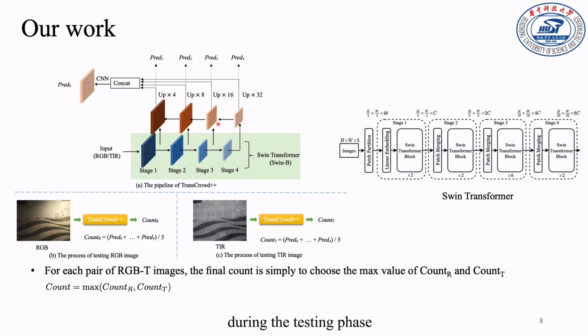During the testing phase, for each RGB or thermal modality, the prediction count is the average of the 5 predictions from the different stages. Well, for a pair of RGBT images, the final count is to choose the max value of count_R and count_T.